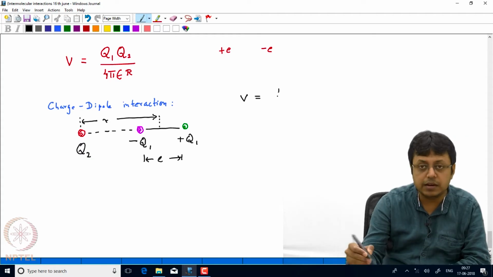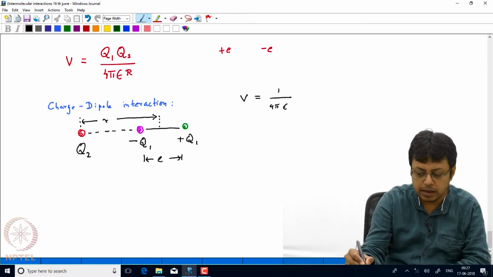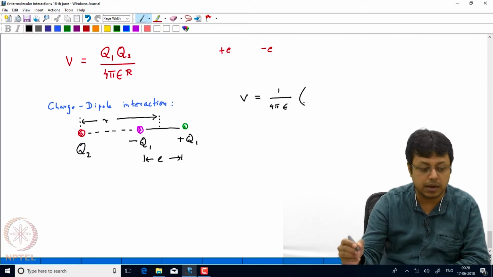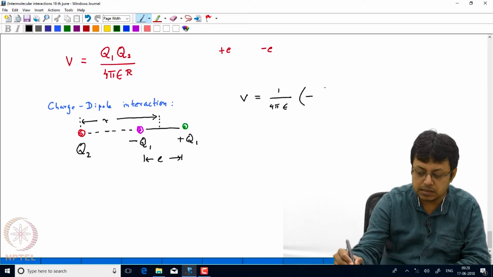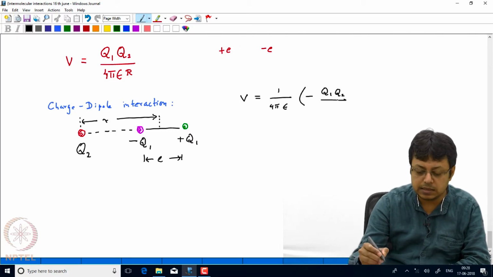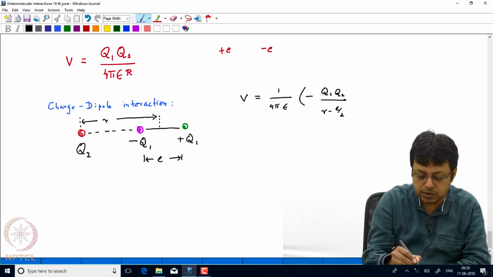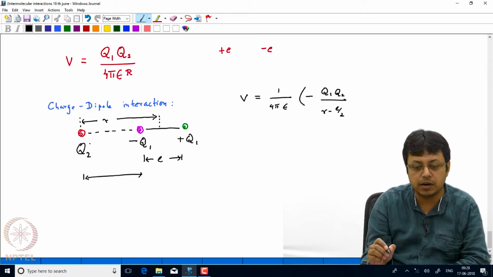Every interaction has a term 1 by 4 pi epsilon, and the first term will be minus Q1 Q2 divided by the distance, which is r minus L by 2, the distance between the Q2 charge, the red sphere, and the Q1 charge, the pink circle.